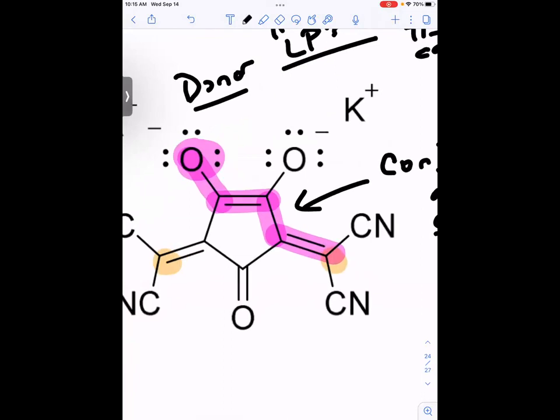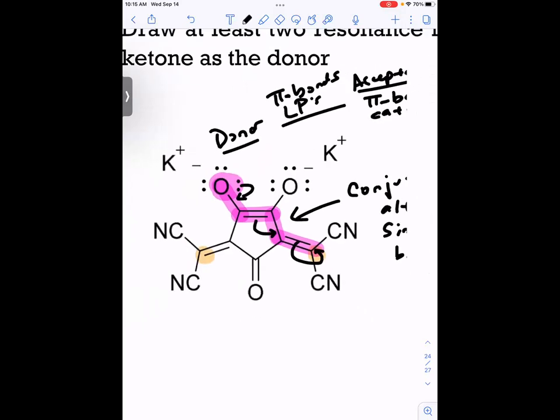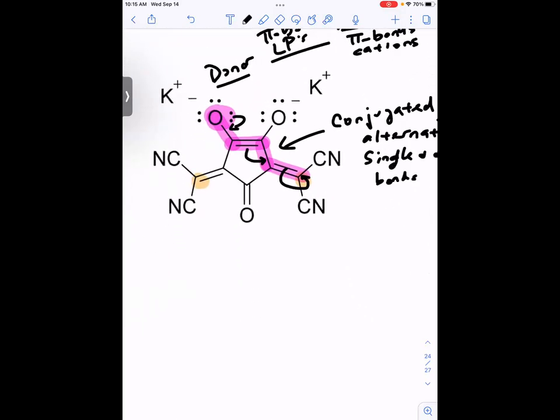We can put that pair of electrons somewhere else because all of these orbitals are overlapping, so they can all share electrons. So we can do this. We're going to put this here and make a pi bond. We're going to take this pi bond and put it here. And then we're going to take this pi bond and turn it into a lone pair. Right? Only because this system is conjugated.